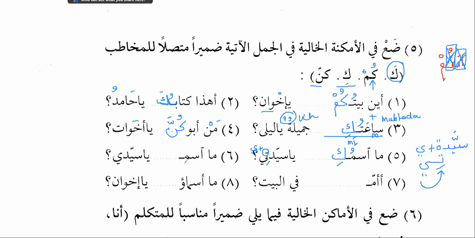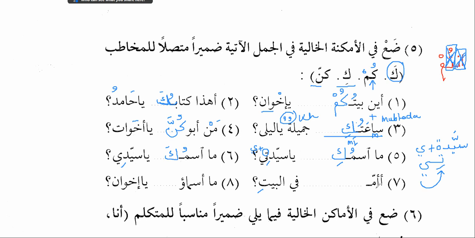Ma ismu. So what will be? Ya sayyidi. There is no ta here. So this is for male singular. What are you going to write here? Masmuka. So, masmuka ya sayyidi. Sayyid means Mr. Ummu dash fil bayti.